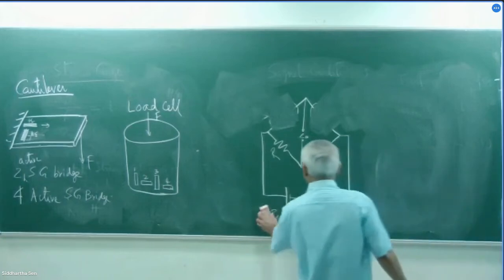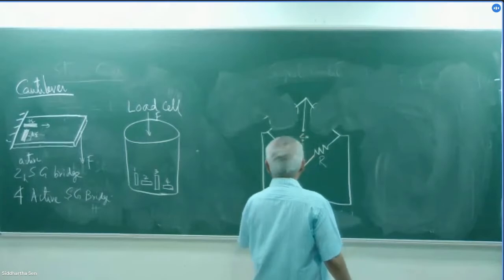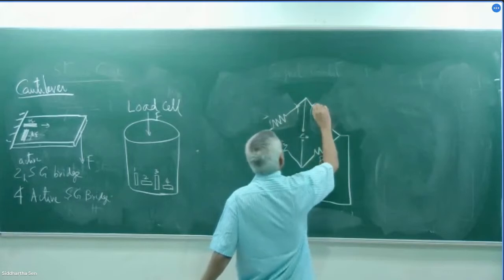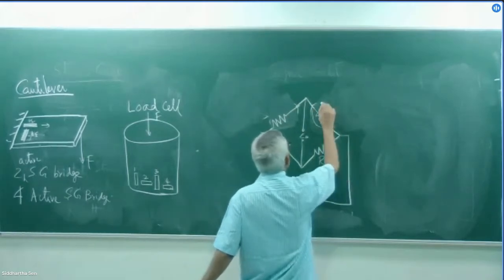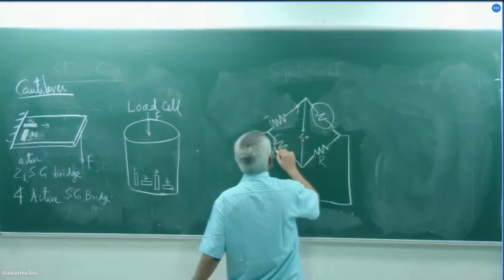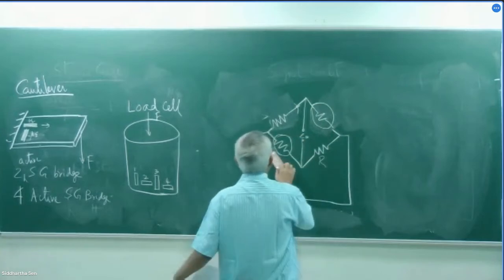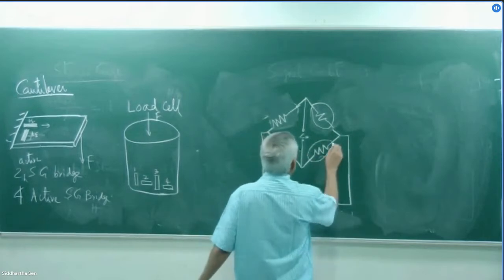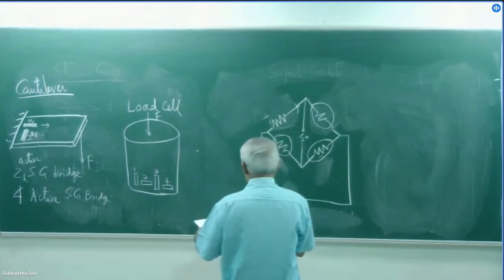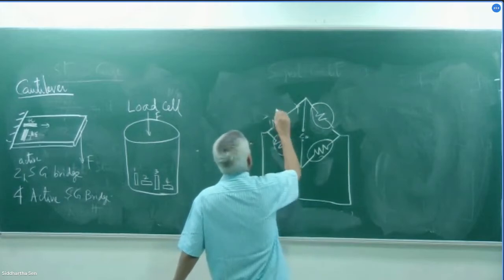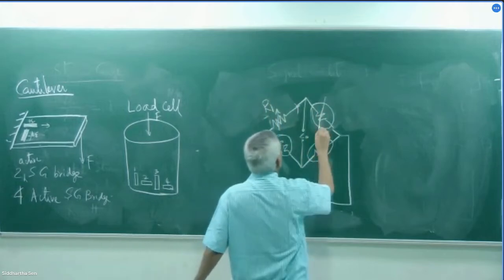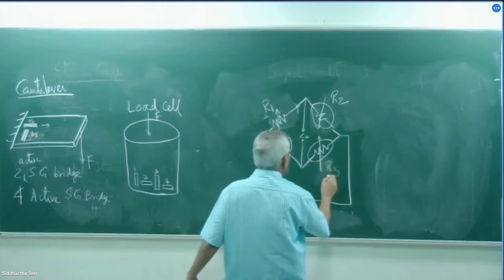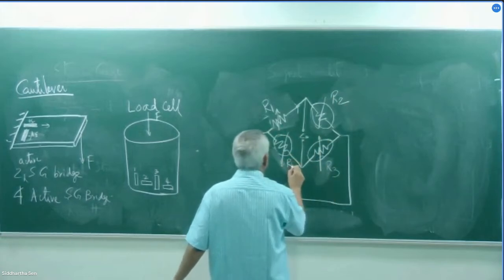So for that one, I would be slightly modifying this. I just consider four strain gauges, all are active, and I take the most general case like this and say suppose this is R1, this is R2, the third one is R3, and the fourth one is R4.